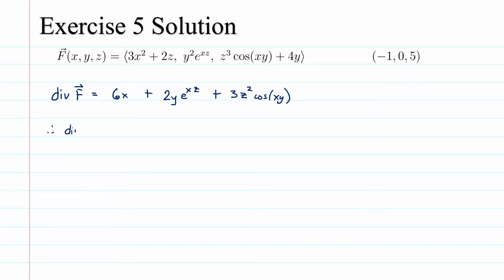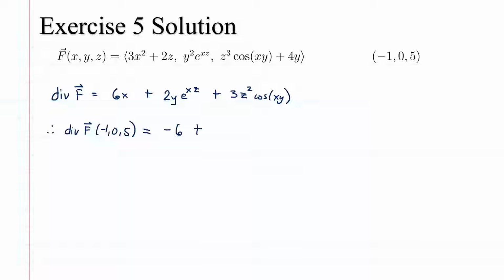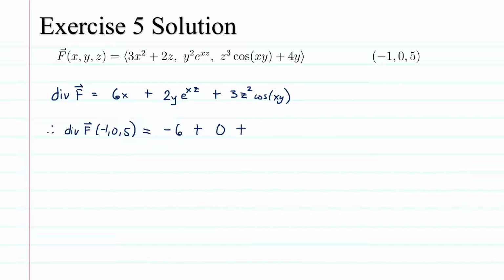Okay, so to evaluate div f at the point negative 1, 0, 5, we just get the value of this expression when x is negative 1, y equals 0, tsaka z equals 5. So that's negative 6 plus 0 plus 3 times 25 times 1. So, plus 75. Okay, this simplifies to 69.